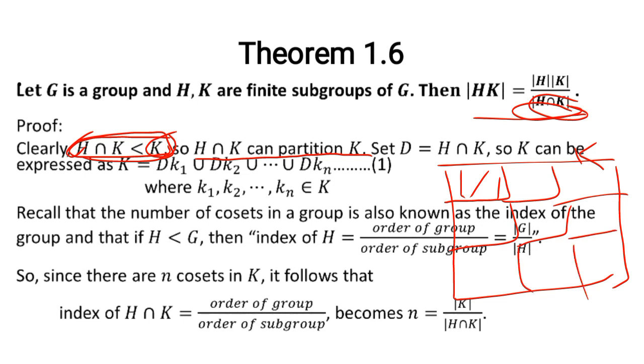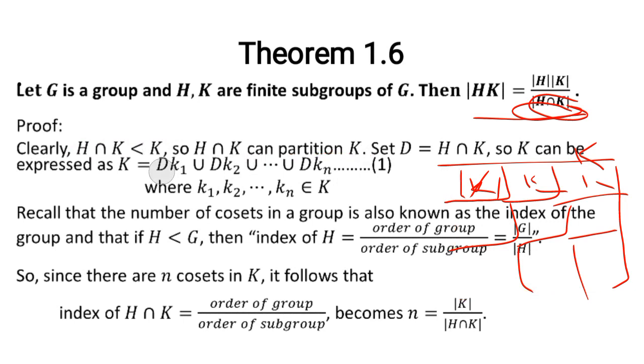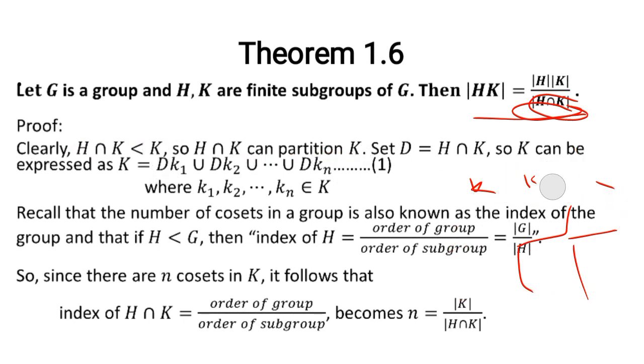So the intersection can do that with all of the K's. If these are K1, K2, K3, H can play with all of them, and that allows for partitioning. I'm not being so clear, but that's what happens when you're working with intersections and cosets. Cosets actually partition your entire group or subgroups, so it can partition K.